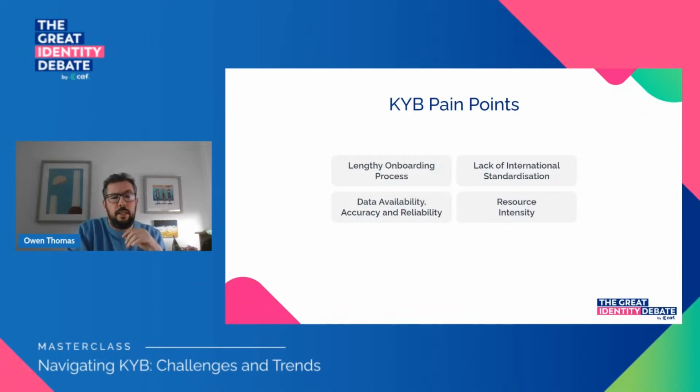Achieving full international standardization remains a complex and ongoing process due to differences in legal systems, in cultures, and business practices across countries. Initiatives such as the FATF and their recommendations, and the use of international identifiers like the LEI, the Legal Entity Identifier, aim to improve the consistency and effectiveness of KYB procedures on a global scale.